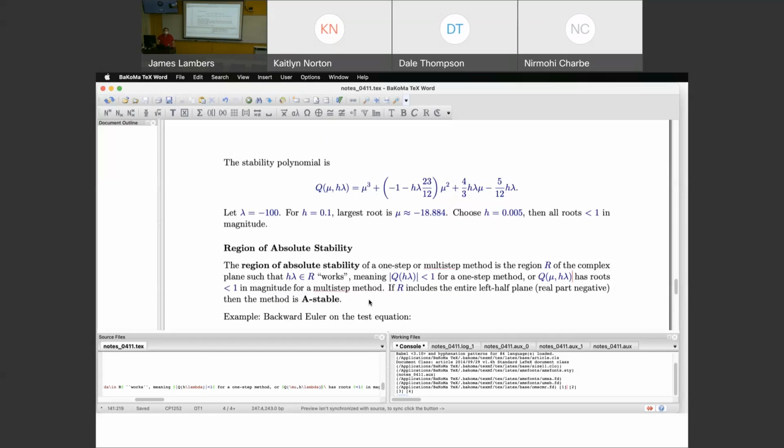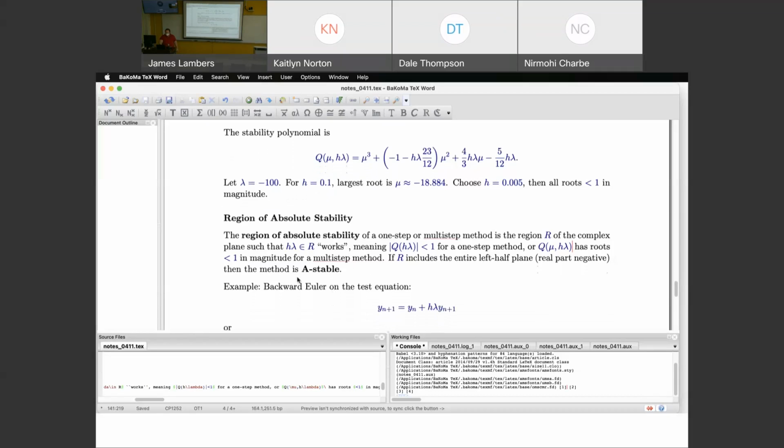So for methods like that, you don't have to worry whether your time step is small enough, at least for stability's sake. Now, you want a small enough time step to ensure accuracy, but you don't have to worry about your solution behaving incorrectly. Like, you don't have to worry about your solution blowing up on you when it's supposed to decay. Backward Euler is an A-stable method.